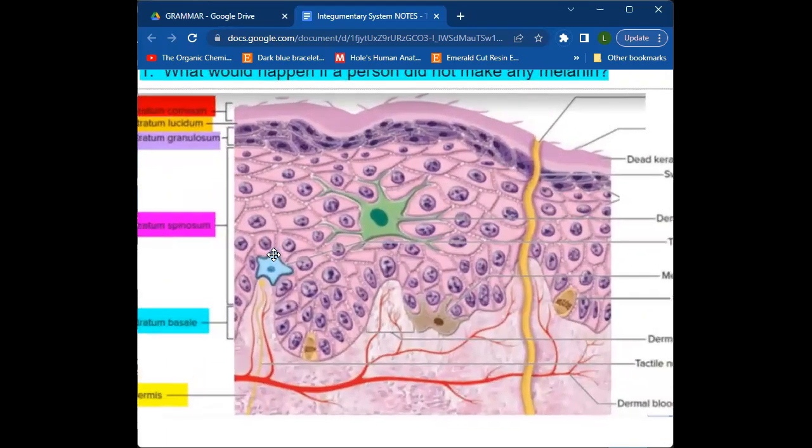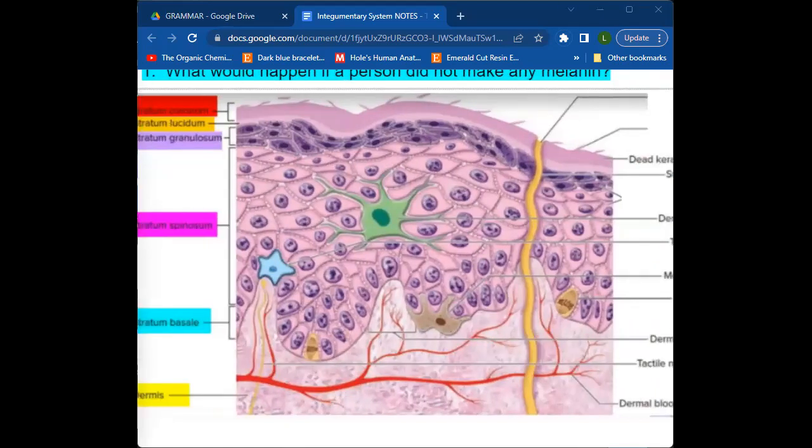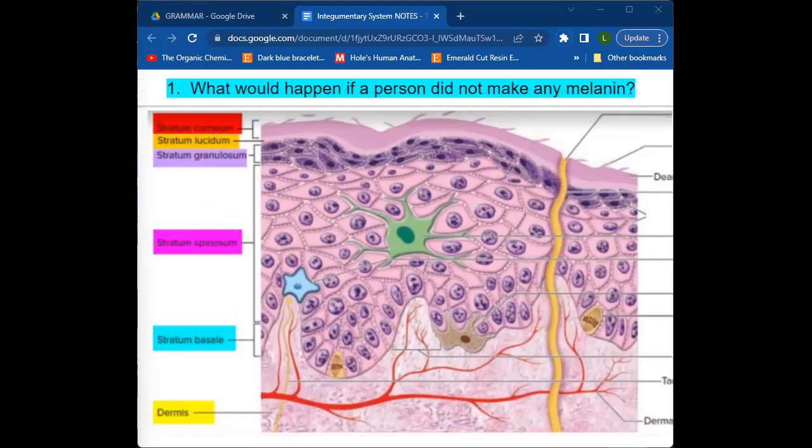Okay, this is just a nice picture that shows all of the different cells of the epidermis. All of those pinky purple cells are keratinocytes. So you can see that they're the most numerous in the skin.